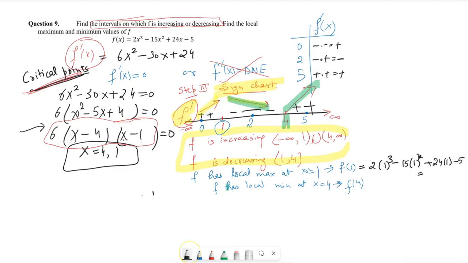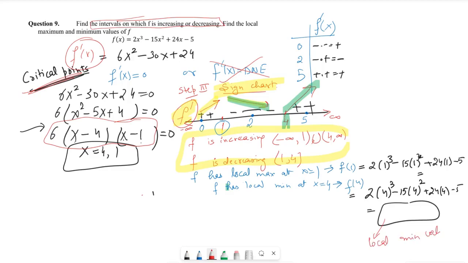That's easy to calculate. That will be the local maximum value. And f of 4 is 2 times 4 cubed minus 15 times 4 squared plus 24 times 4 minus 5. This one will be the local min value. This one would be the local max value. You can easily put that in a calculator and find that.